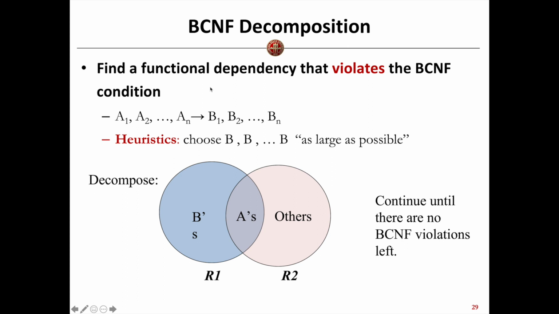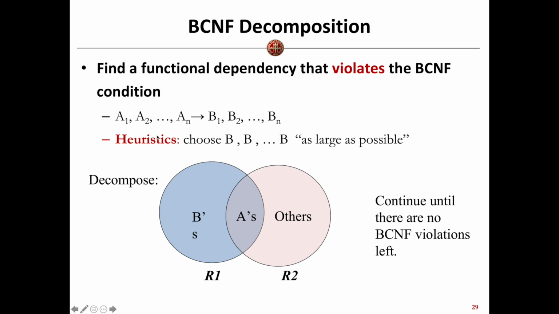And we can describe the violating FD as shown here: A1 to AN implies B1 to BN. Normally we plan to choose the FD which violates the BC normal form conditions so as to make B1 to BN as large as possible. So what does this mean? Given a violating FD, we have A1 to AN implies some B, right?